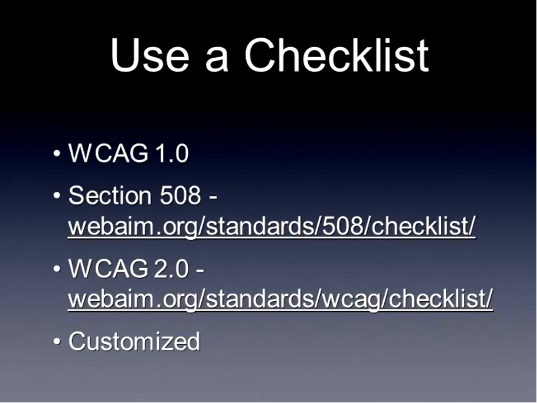WCAG 1.0, I sometimes say, is like the Model T Ford days of the web. Section 508 would be, you know, a long time ago too. So anyway, we just need to consider the implications of these standards. Section 508 has 16 checkpoints that apply to web content.